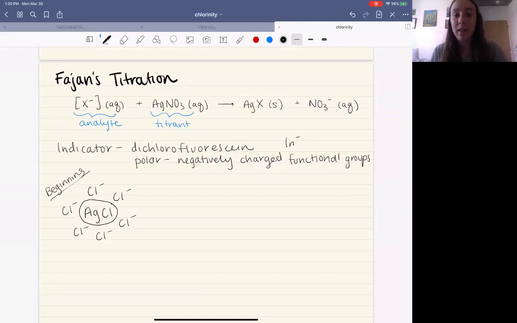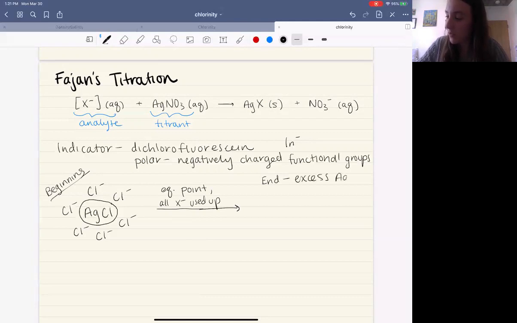Now, as you keep adding more and more titrant, you're using up all of the analyte in solution. So you start having less and less chloride ions surrounding your precipitate, and once you reach your equivalence point, all the X minus is used up, then you'll have excess silver.